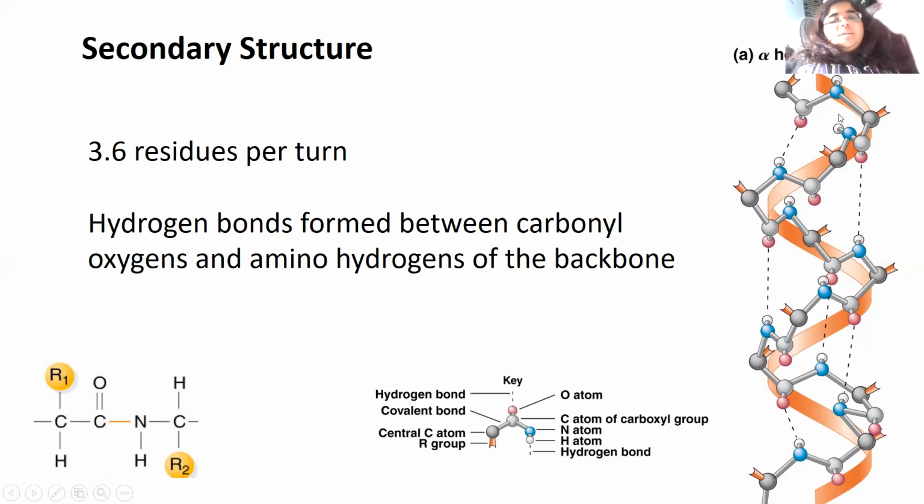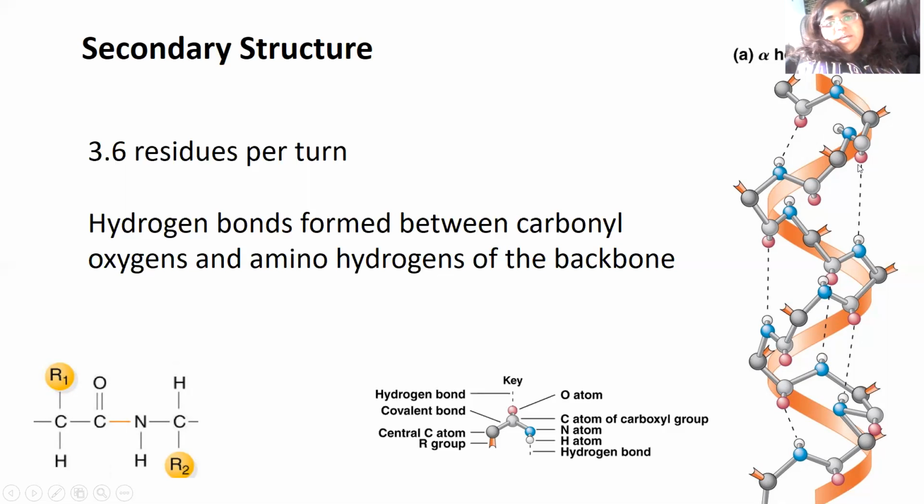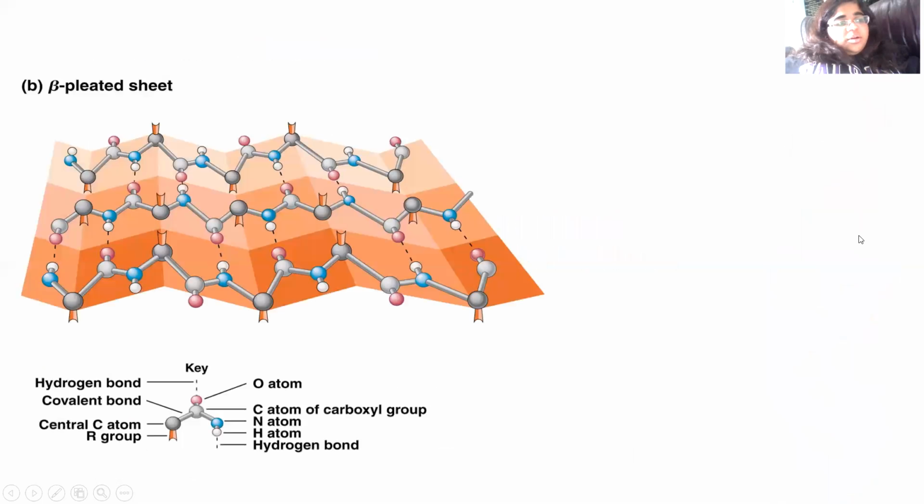Typically a secondary structure is either an alpha helix or a beta pleated sheet. It's the same thing, just hydrogen bonding with each other, right? In this you see the hydrogen bonds going between the oxygen and the hydrogen here.